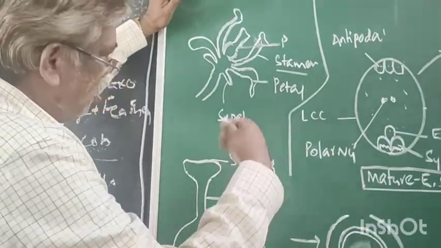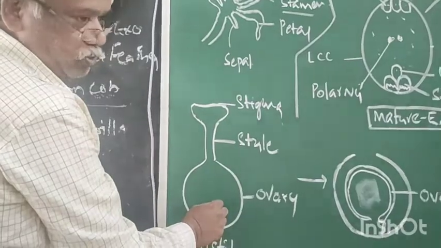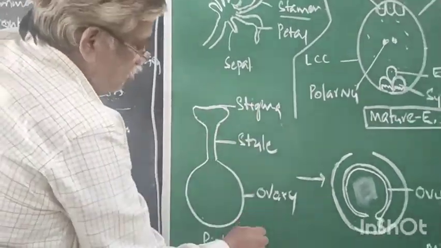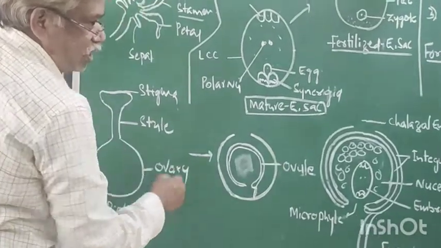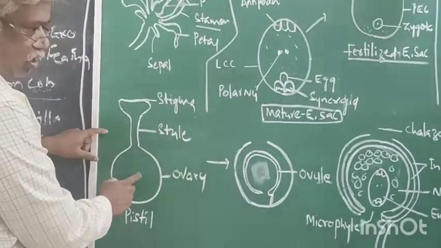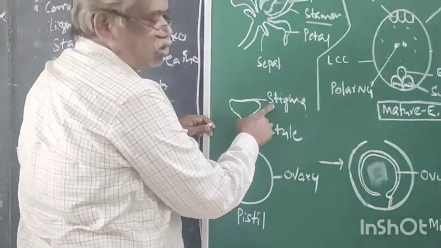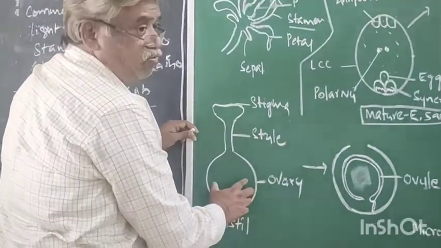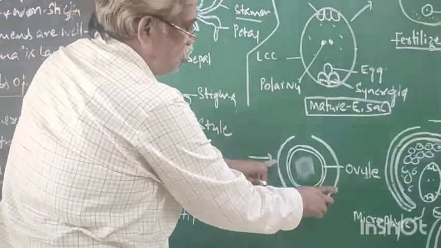Among these is the pistil. Among the pistil, there are the ovary, style, and stigma. Among these 3, the functional part is the ovary. Now, a functional part I have taken. What is this? Ovary.